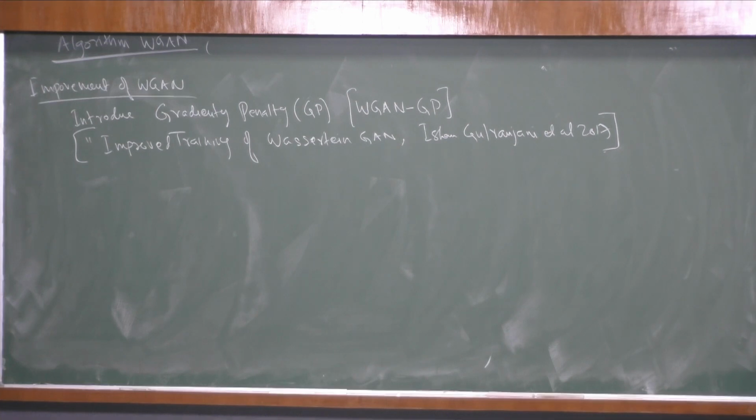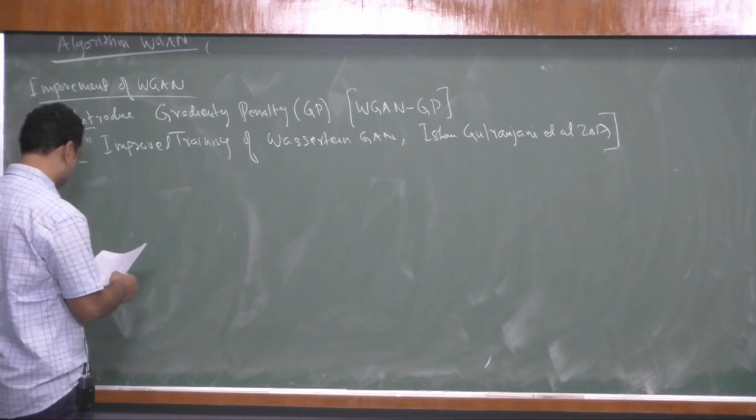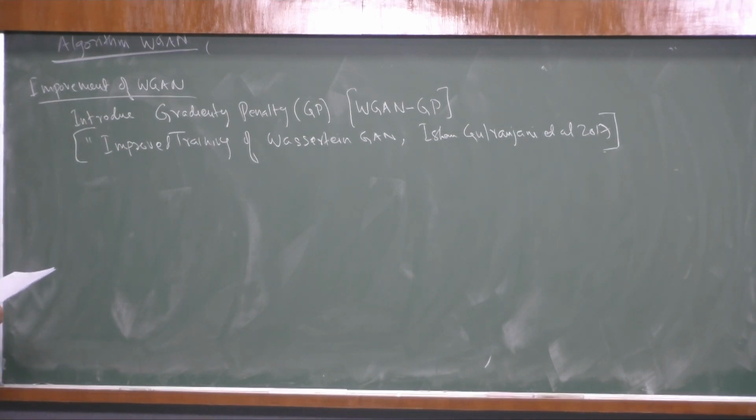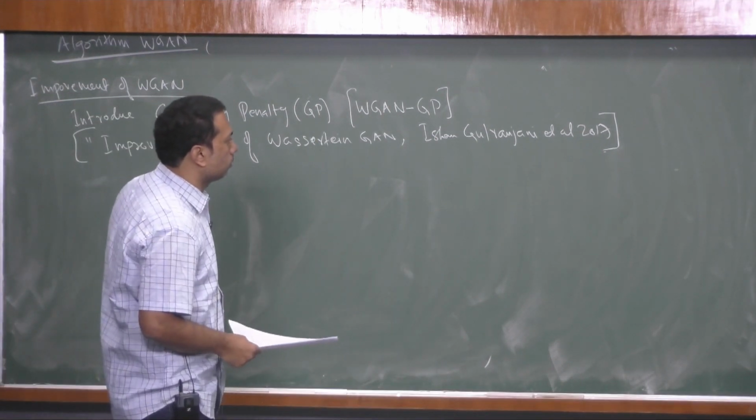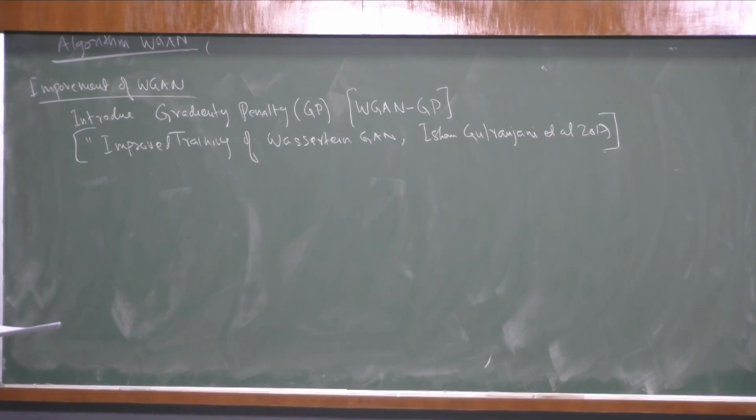This paper was very light. They just add one penalty term to the min-max objective, one extra term, based on just one observation. But this improvement was taken very well. I will go straight to their main result. Their main focus in this improvement of WGAN is the weight clipping, which created instability while running WGAN.